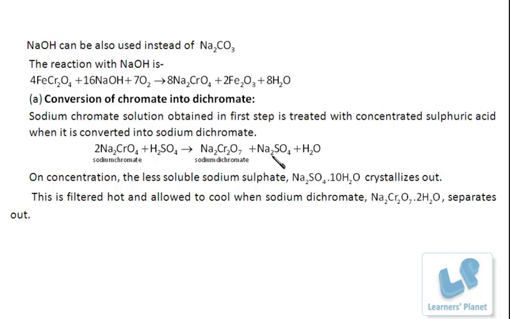The filtrate is hot, and after separating sodium sulfate, it is allowed to cool, when sodium dichromate separates out. But do we want to prepare sodium dichromate? No. We want to manufacture potassium dichromate.